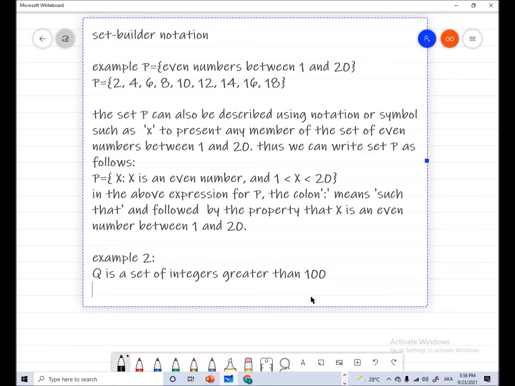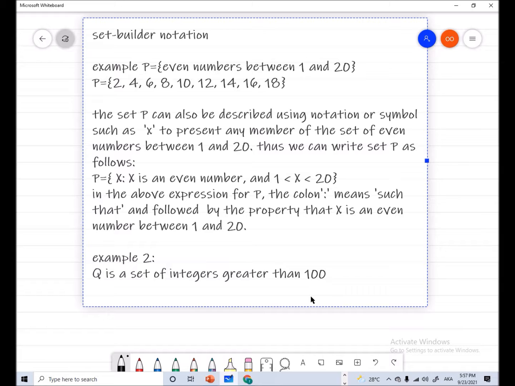So we continue. Alright, so are you done with it? Okay, so now let's try to solve this. First of all, we need to read the question, understand it and know what the question means. So we say Q is a set of integers greater than 100.